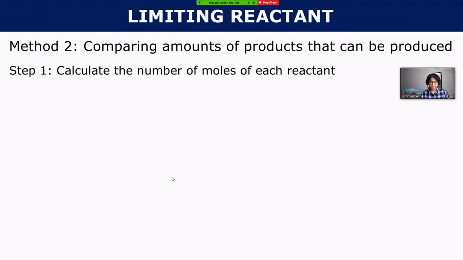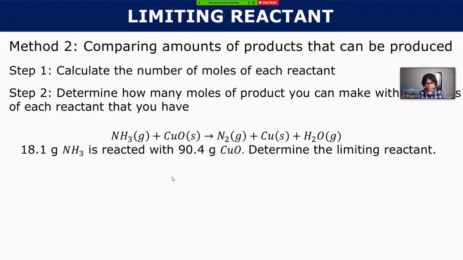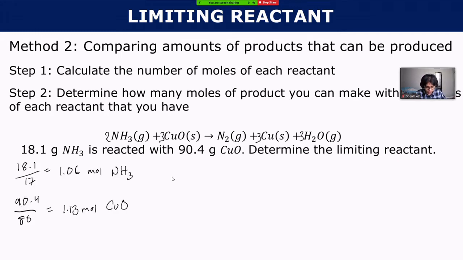It's going to be calculating the number of moles of each reactant, but the second step is a little different, because now you determine the moles of product you could make with the moles of each reactant that you have. So again, let's look at a practice problem. Well, it's the same one actually. Okay, so I balanced it and did the first step.